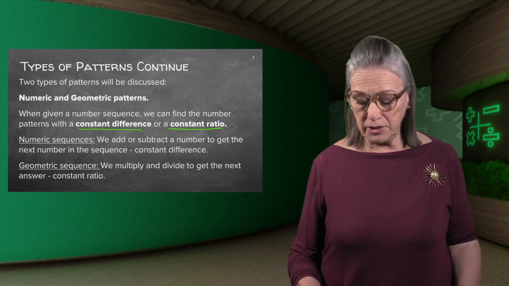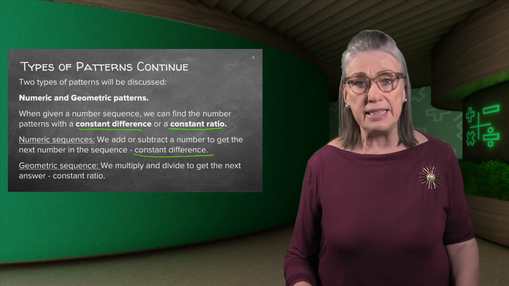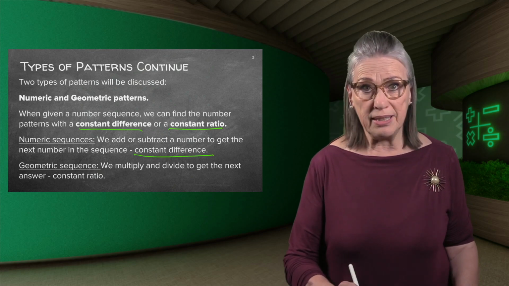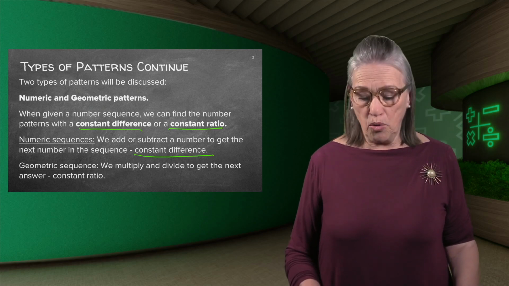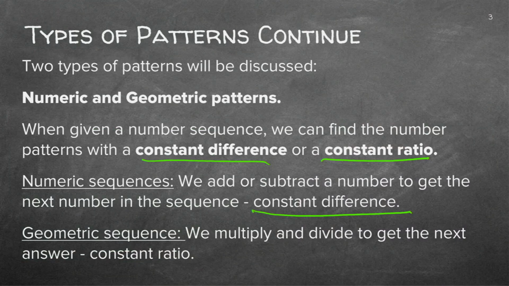That is what we refer to as a constant difference in a numeric sequence. In a geometric sequence, we multiply and divide to get the next number in the sequence. And that is what we refer to as a constant ratio.